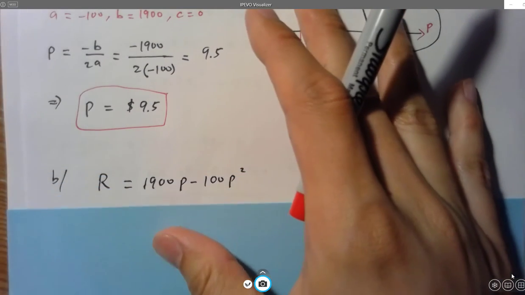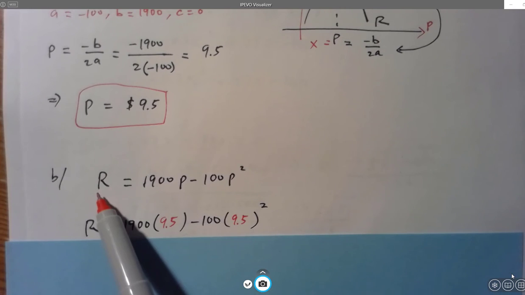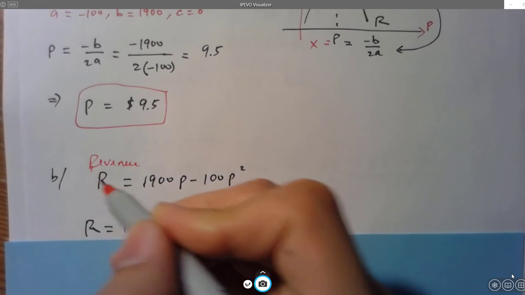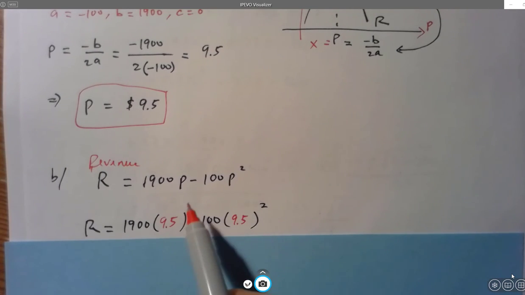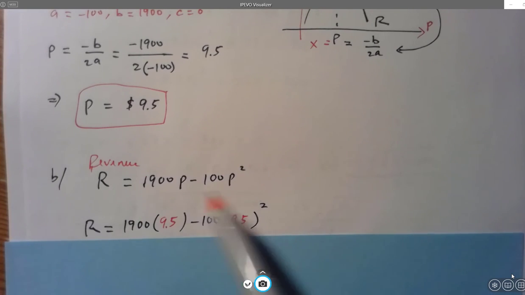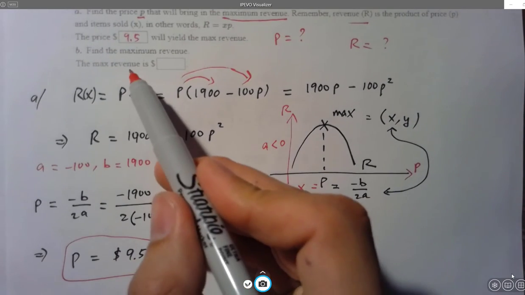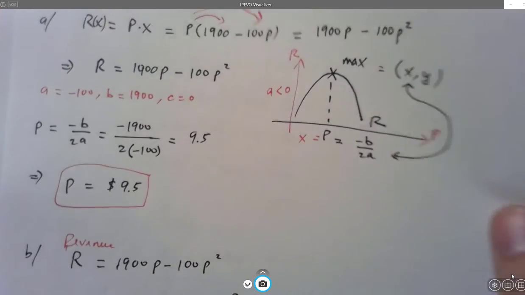So this is the R function. Again, R stands for the revenue, and we found that earlier. Now the price that gives you the max value should be 9.5. So anywhere you see P, you plug in 9.5, because you are looking for the max revenue.